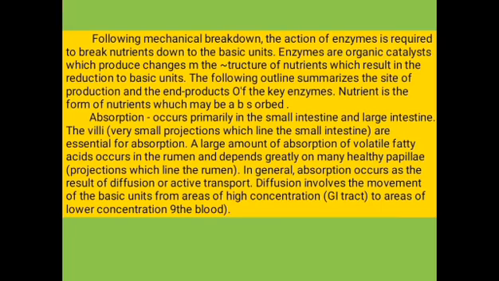In general, absorption occurs as the result of diffusion or active transport. Diffusion involves the movement of the basic units from areas of high concentration to areas of lower concentration.